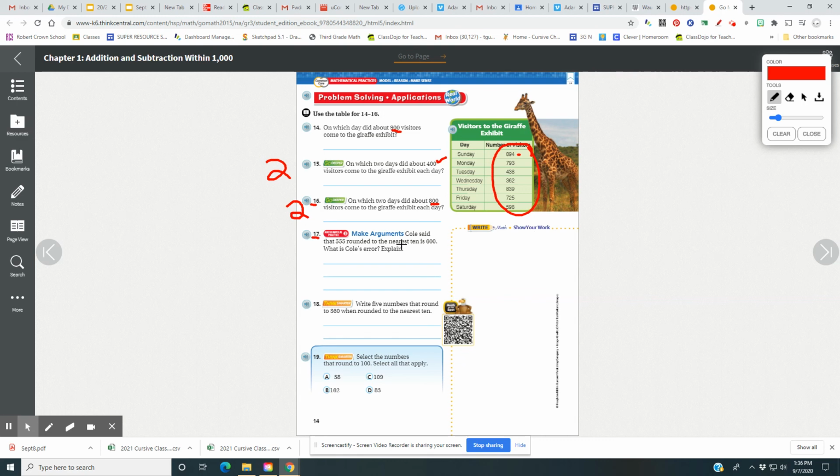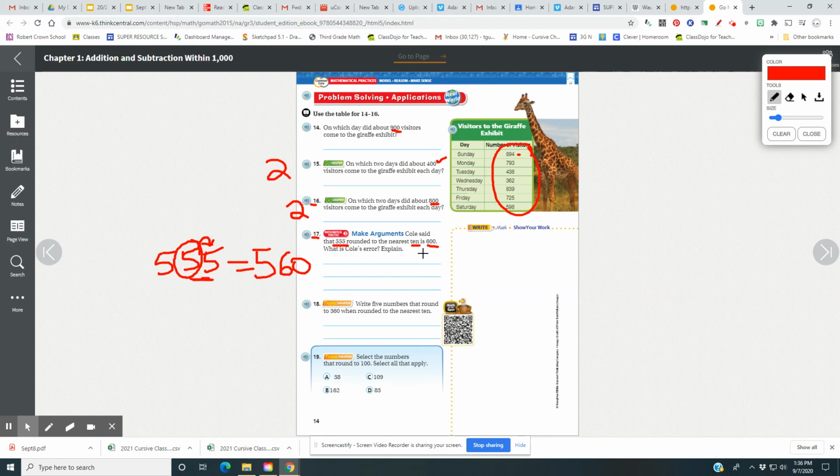Number 17, Cole said that 555 rounded to the nearest 10 is 600. What is Cole's error? Now he said 555 rounded to the nearest 10. So if I go 555 and I look at the tens column and I look next door, 55 is rounded to 60.